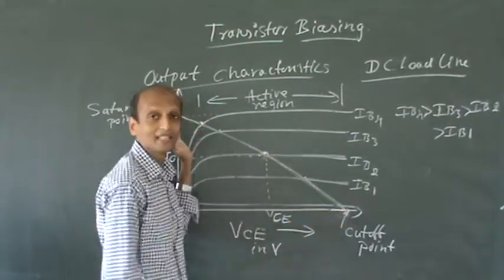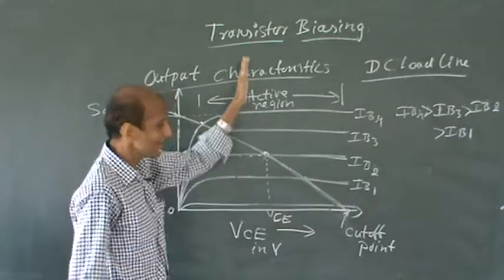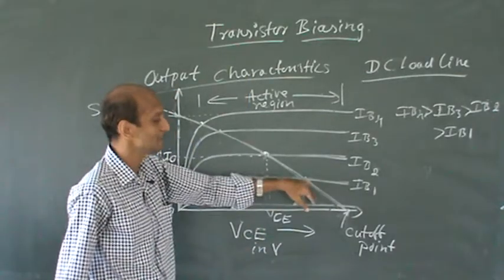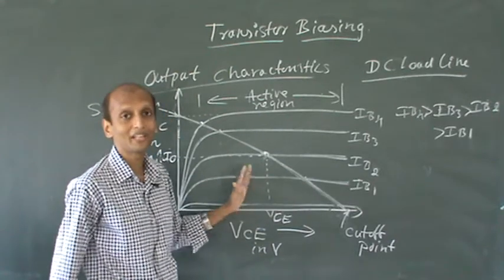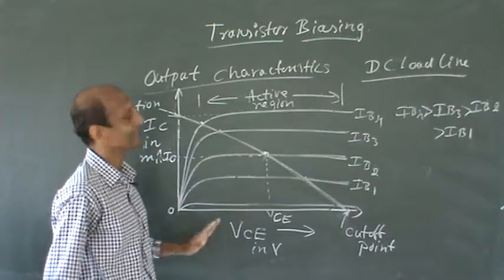We can say this in the need for biasing. Both are correct. The load line is an imaginary line in the output characteristics which gives us different DC voltages and different DC currents.